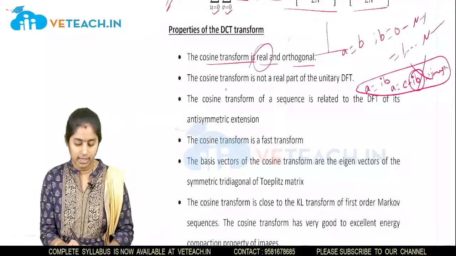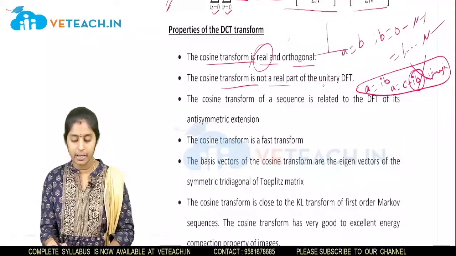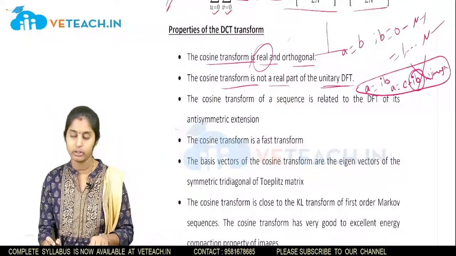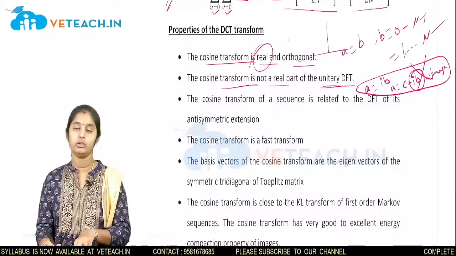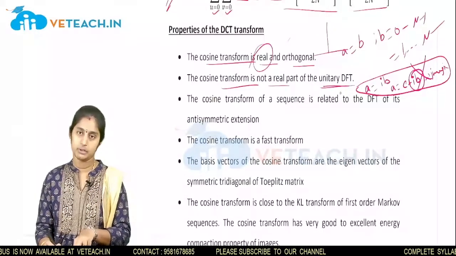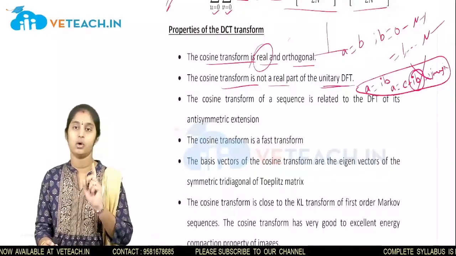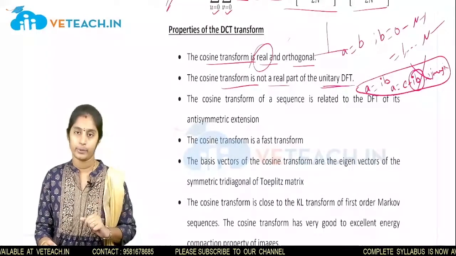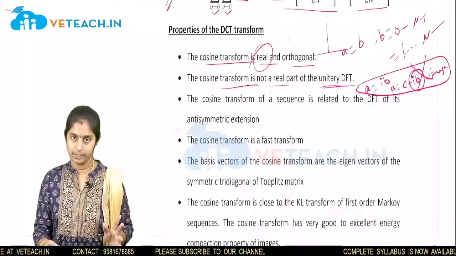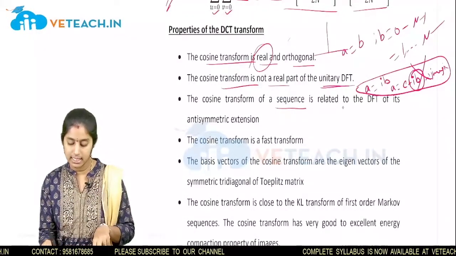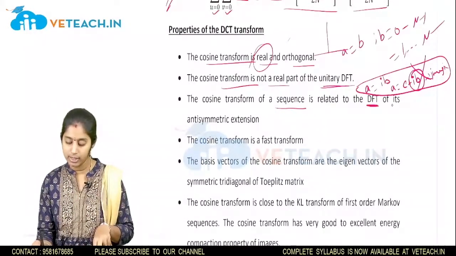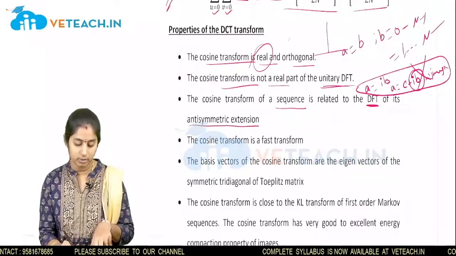Next, the cosine transform is not the real part of the unitary discrete Fourier transform. Unitary means it has only a single variable component, not two variable components. The cosine transformation of a sequence is related to the discrete Fourier transformation of its symmetric extension.